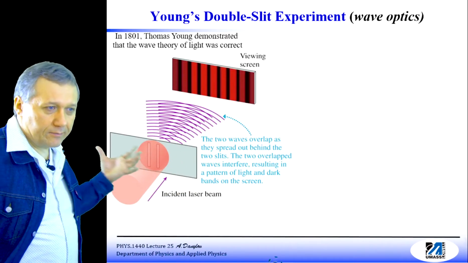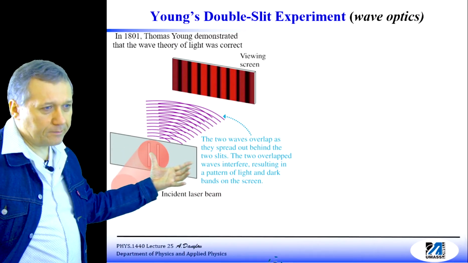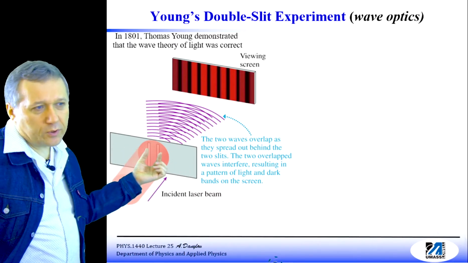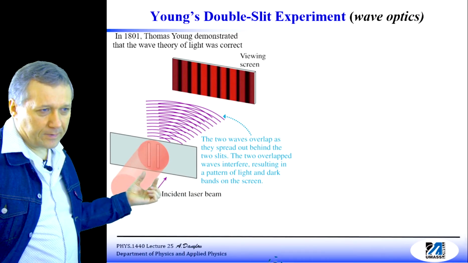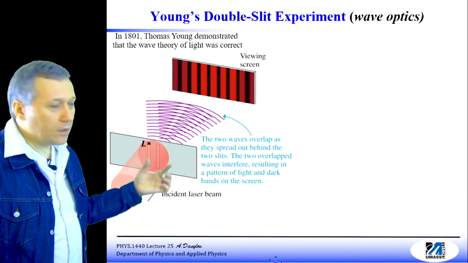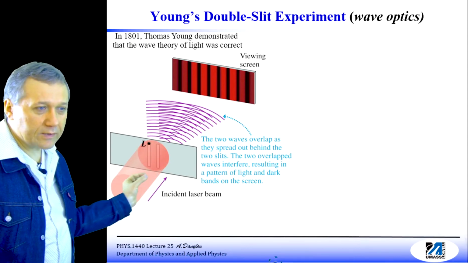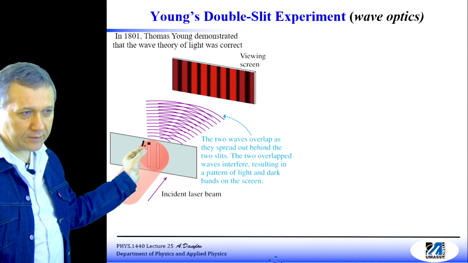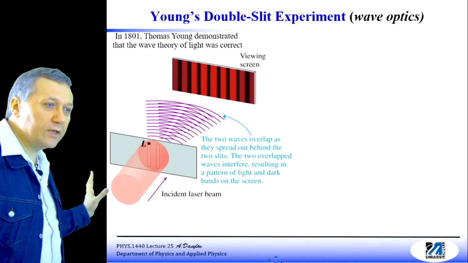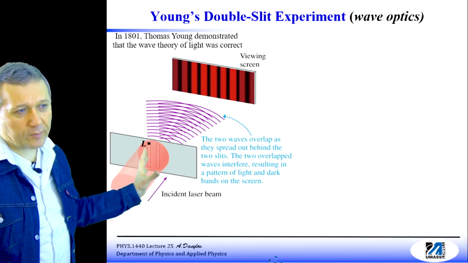He took a screen, an opaque screen, of course, right? And made two small holes, basically two slits, right? And the width of those slits is very small, right? This L is small. And he illuminated it with more or less monochromatic light.